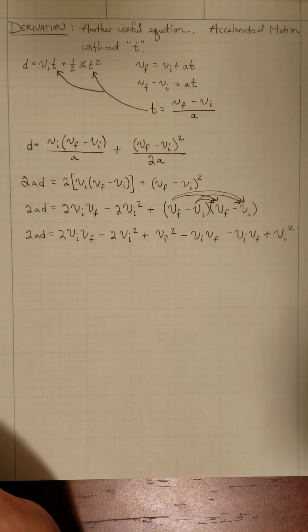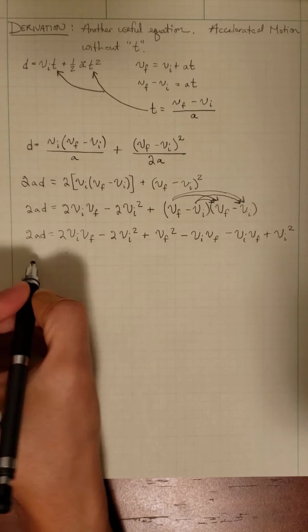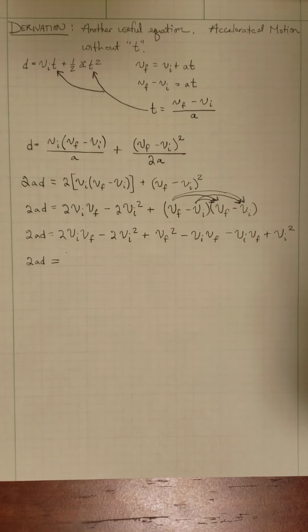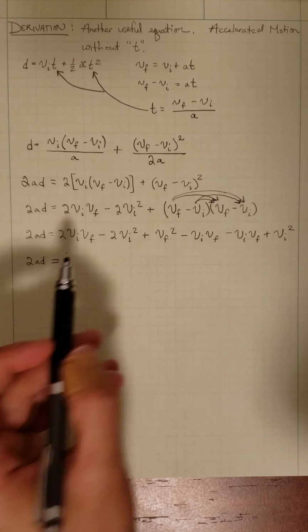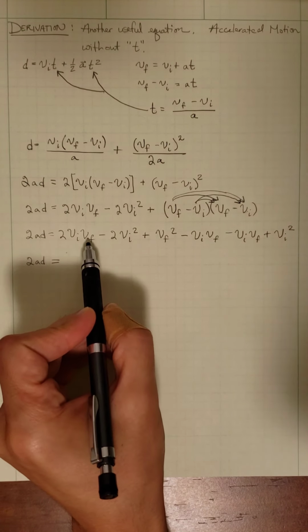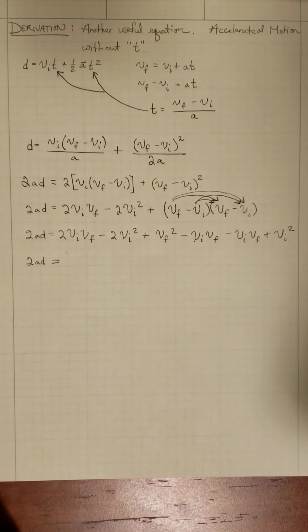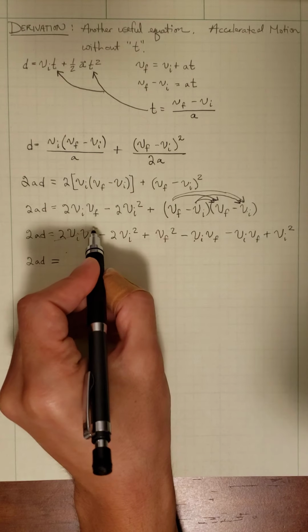Now we just need to get out our cancel sticks and see what's left. Get 2ad equals, well, we have 2 vi vf minus 1 vi vf minus 1 vi vf. Will those all cancel?